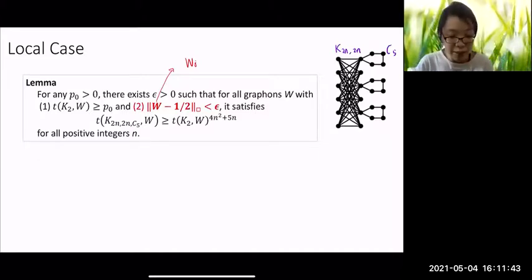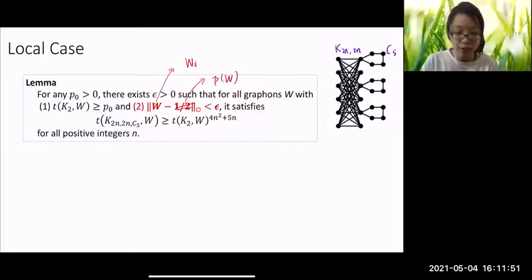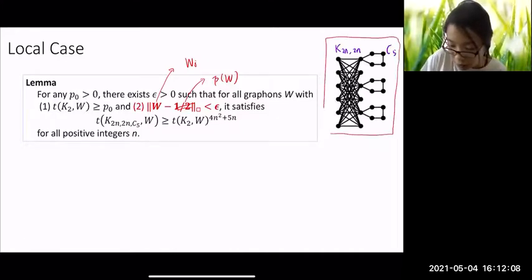And the local case means, actually here's a typo, instead of a half, I should write P of W, so the edge density of W. So basically, we're saying W is not too far away from the constant graphon under the cut norm. And we basically want the statement to be that for any n, the class of graphs that we want to prove will be local Sidorenko for uniform epsilon.